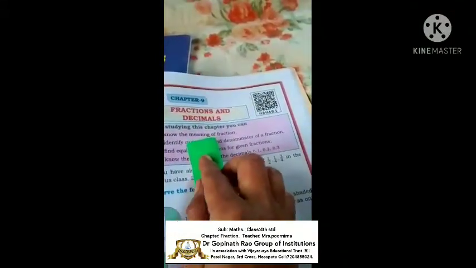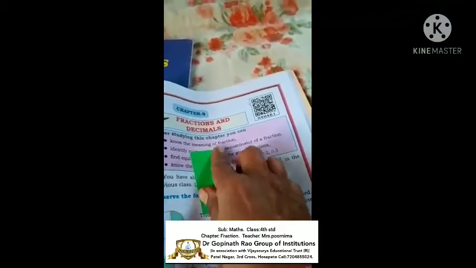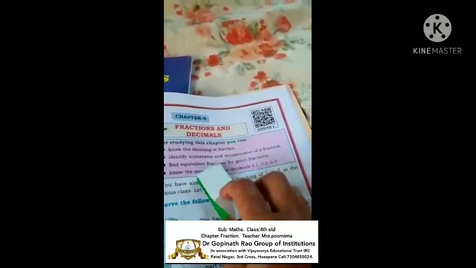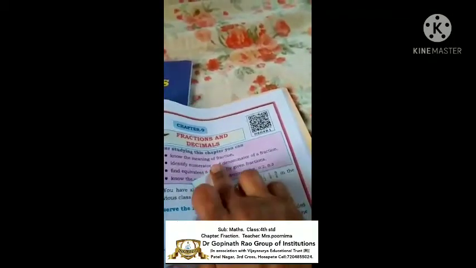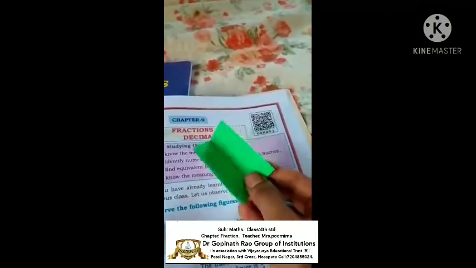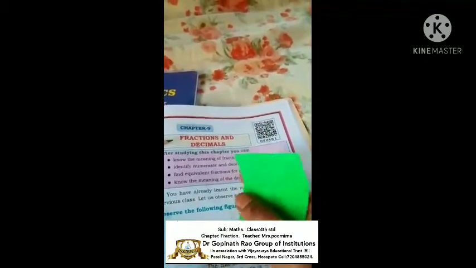I can show you this picture. If we fold it into two parts, we call it one picture folded in two parts, that is 1 by 2.